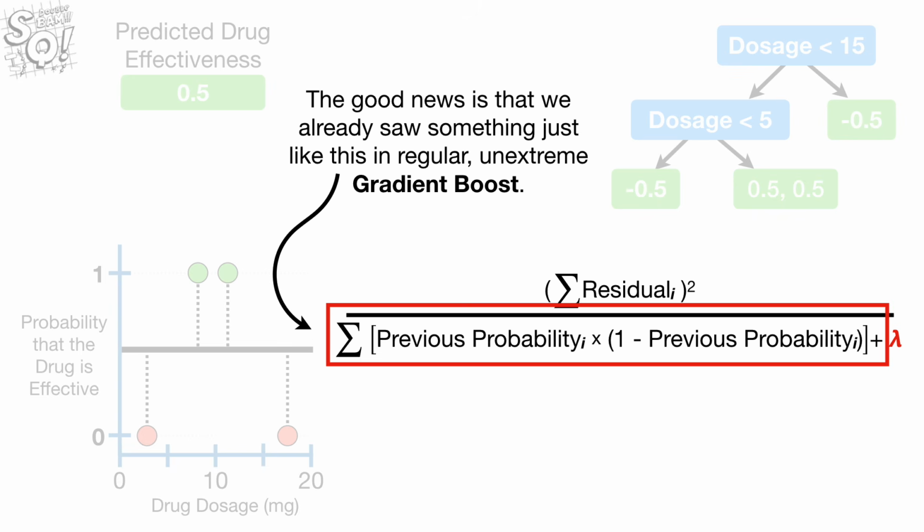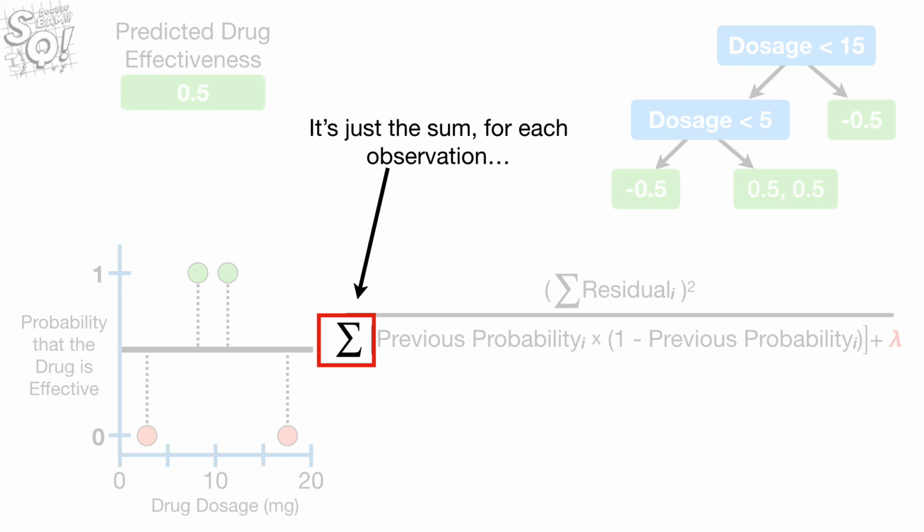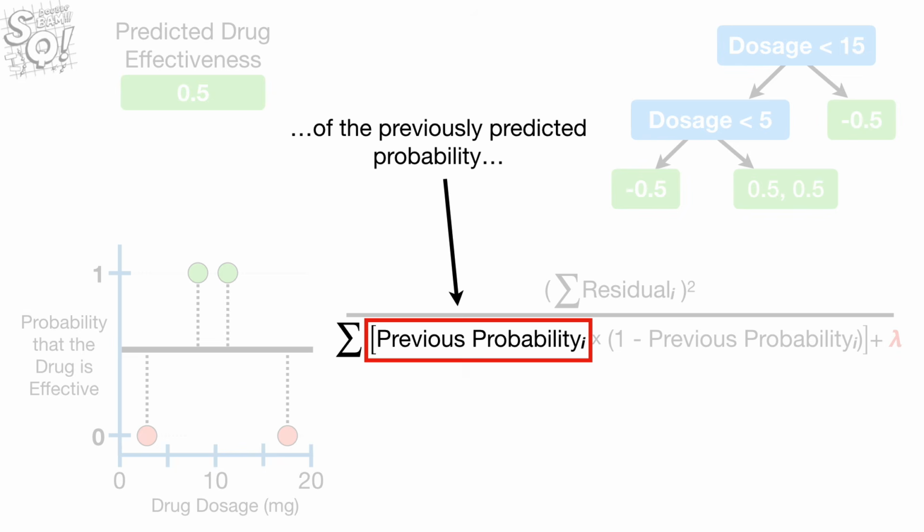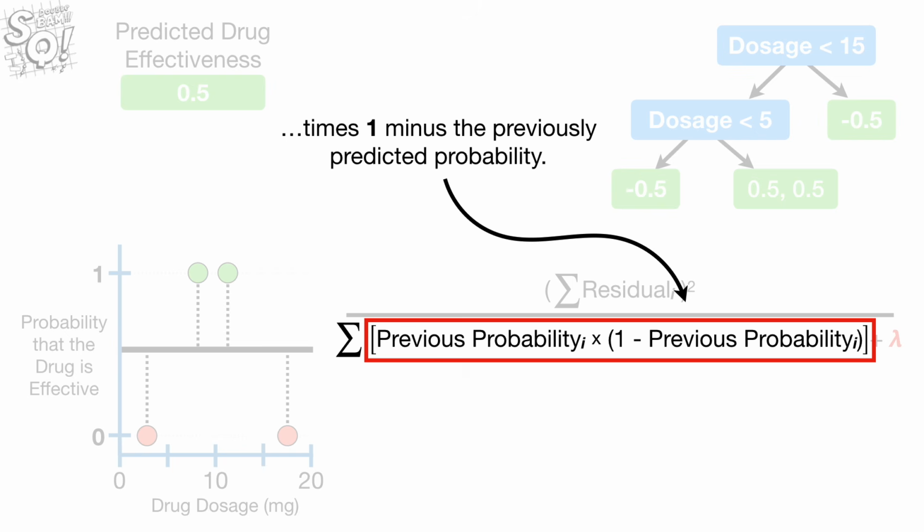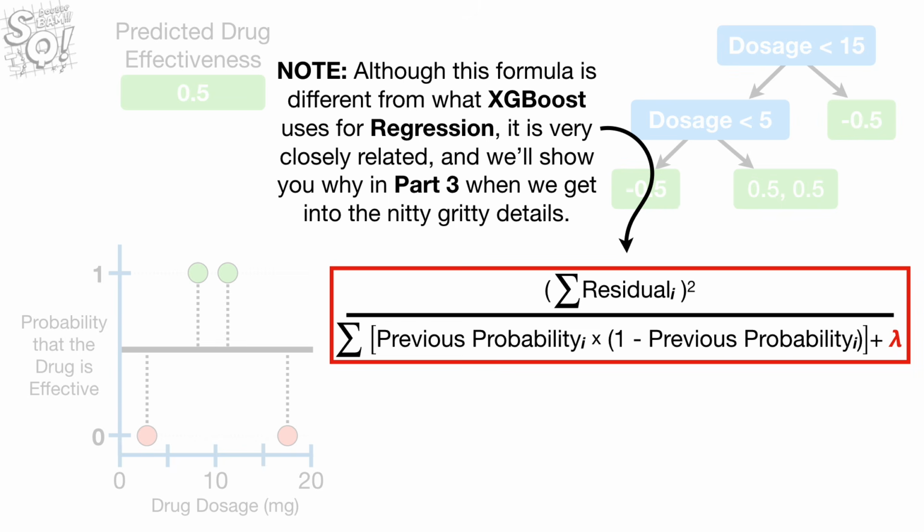The good news is that we already saw something just like this in regular, unextreme gradient boost. It's just the sum for each observation of the previously predicted probability times 1 minus the previously predicted probability. Note: although this formula is different from what XGBoost uses for regression, it is very closely related, and we will show you why in Part 3 when we get into the nitty-gritty details.